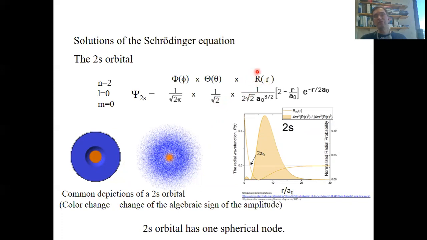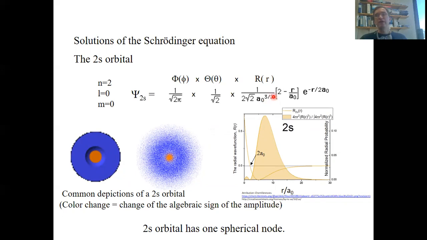So let us look now at the radial part of the wave function, and you see it is actually 3 components. This one here is a simple coefficient, just 1 over 2 times the square root of 2 times the Bohr radius, which is also a constant, to the power of 3 over 2.